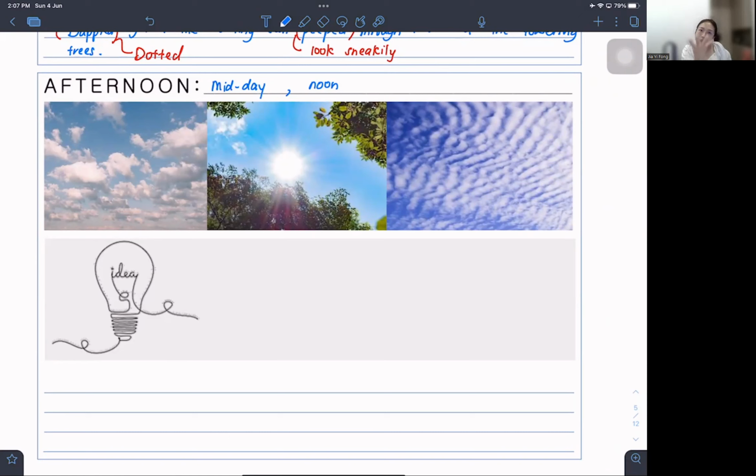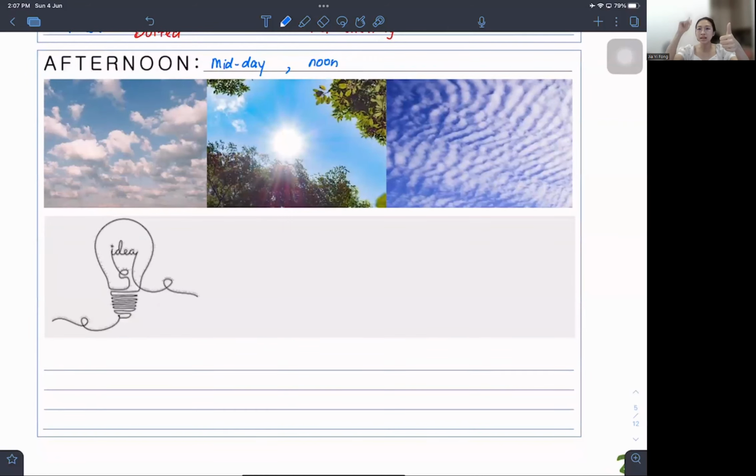But sizzling is more like very fast. Okay, if I want it to be slower, then it will be searing hot sun. So as long as you are referring to something that is hot, you can actually join it. Very good, no problem. Flaming hot sun, boiling hot sun. Very good, good job.